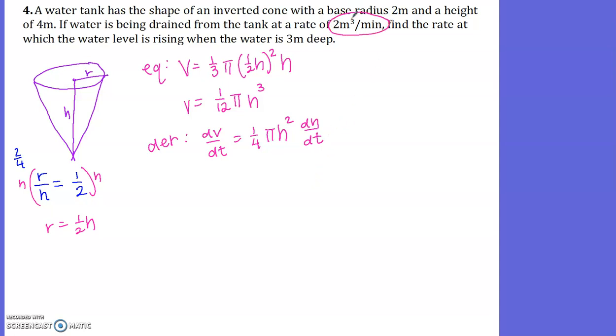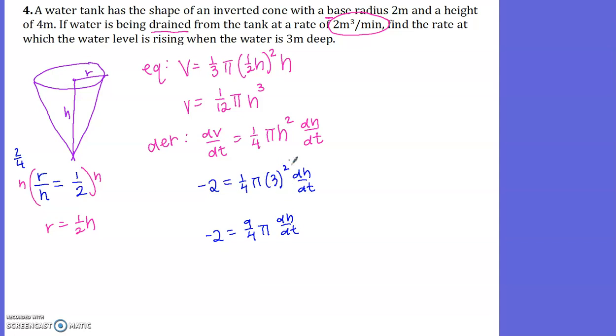This I know is my dv dt because it's volume, because it's got the cubed, and since it's being drained from the tank, that's going to make it negative. So I'll plug in a -2 for my dv dt. They told us the height, that's how deep it is, 3. So that'll be 3 squared dh dt. So we'll have -2 equals 9/4 pi dh dt.